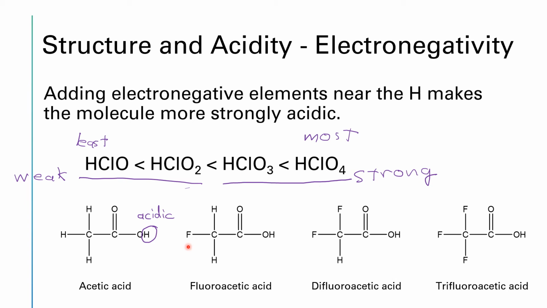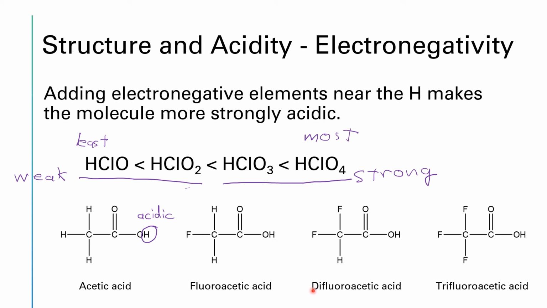Fluorine is so electronegative that it just sucks the electrons over towards it. It just pulls on them very, very strongly, and it shifts the electron density away from the proton that's over on the other end of the molecule, making fluoroacetic acid more acidic or stronger than just plain acetic acid.